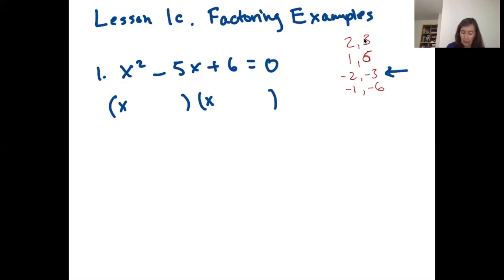So what we're going to guess and check is that x minus 2 times x minus 3 will equal the expression that we want, and multiplying that out, we get x squared minus 3x minus 2x plus 6. Oh, look at that, x squared minus 5x plus 6. It checks, hooray.